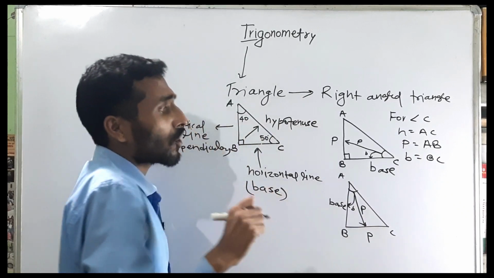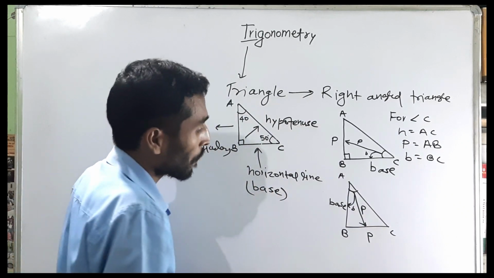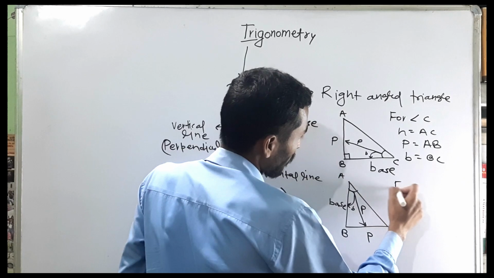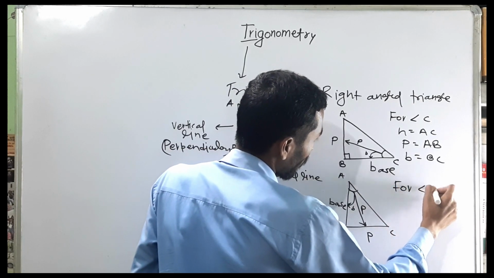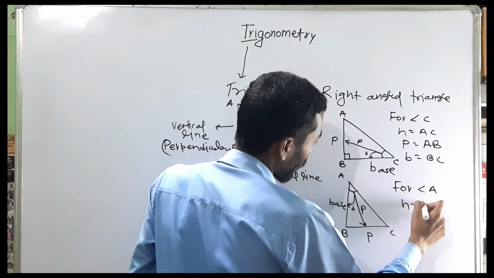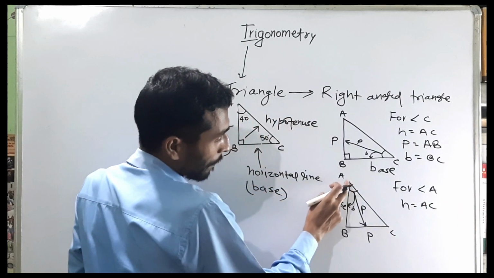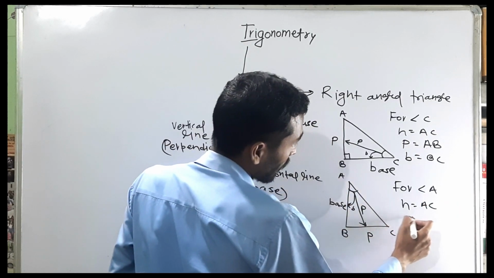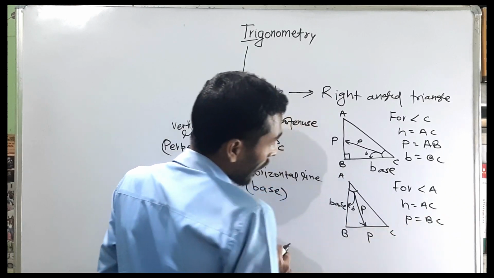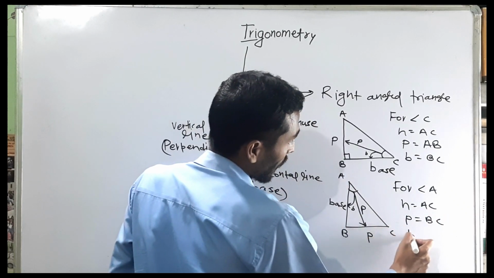But when we are talking with respect to angle A, then H is fixed, of course, but P is BC and AB is base.